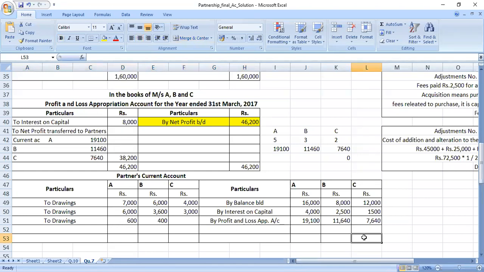So first of all, we have to find out the total of the credit side.